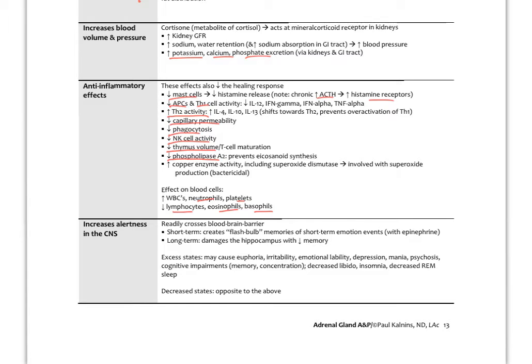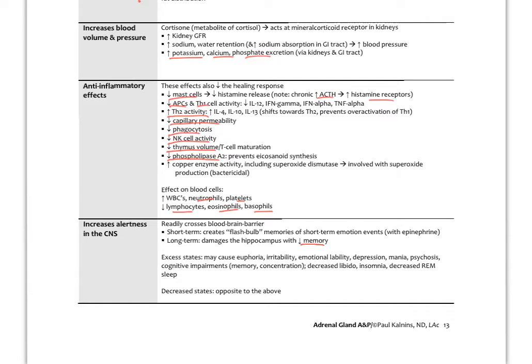Unfortunately, long term, if this system remains overactivated, the HPA axis and cortisol, this will again damage the hippocampus and result in decreased memory, as well as excess states could cause damage to the amygdala and other areas.